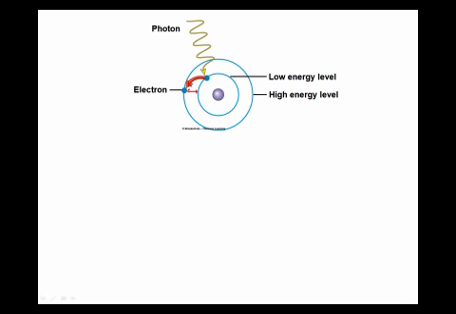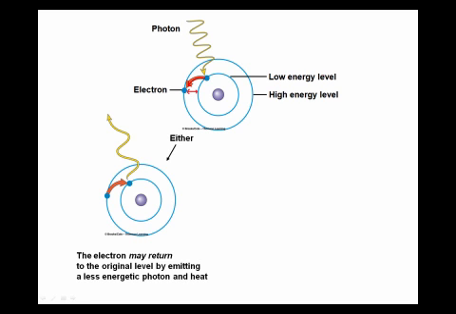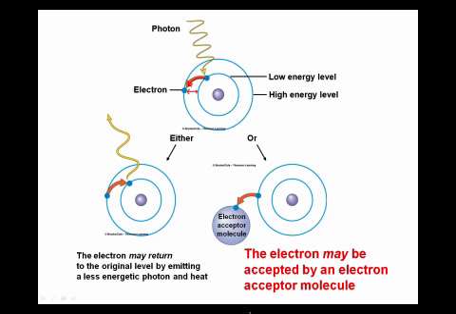Now that excited electron can do a couple of different things. Many times that excited electron will immediately drop back down into its original orbital. Whenever this happens, that energy that was absorbed is going to be released as a photon of light. However, what can occur in plants is when that electron becomes excited, before it has an opportunity to drop back down into that less energetic orbital, it gets passed to an electron acceptor.